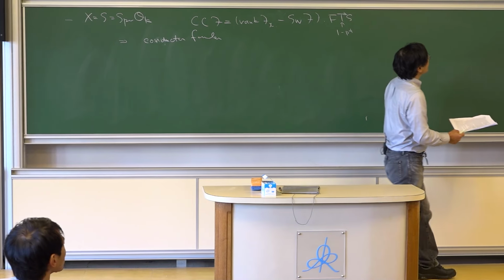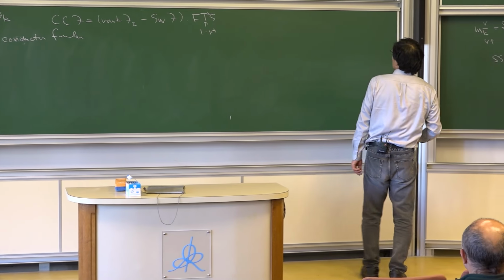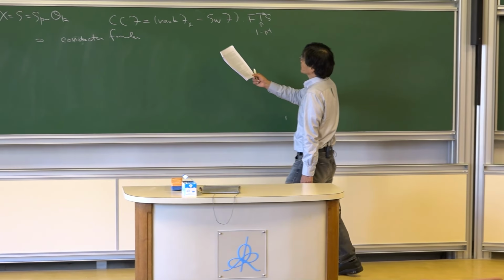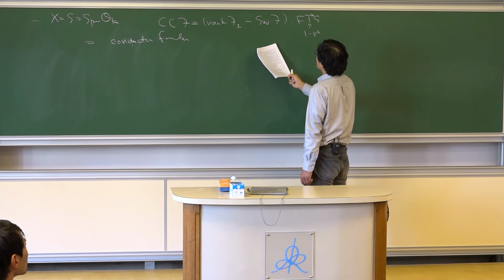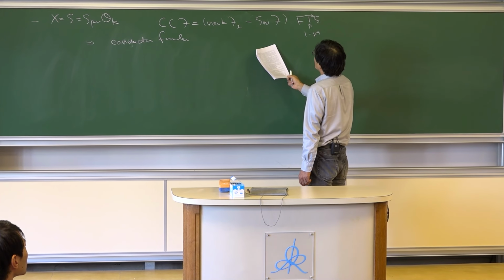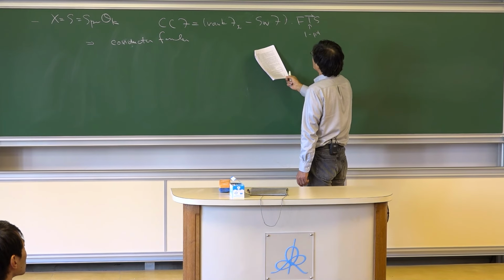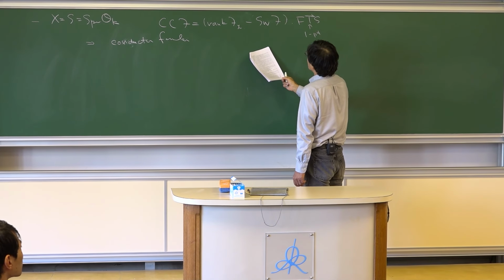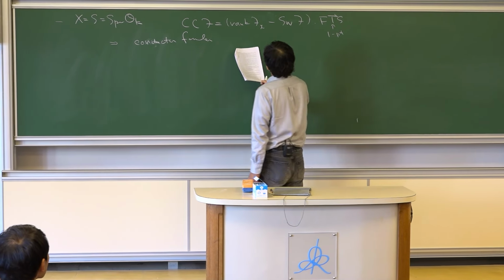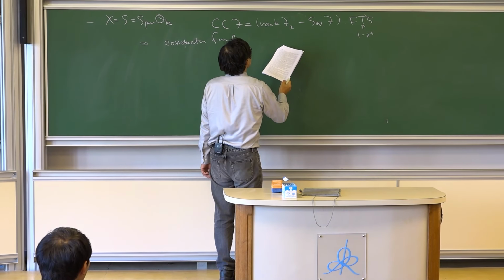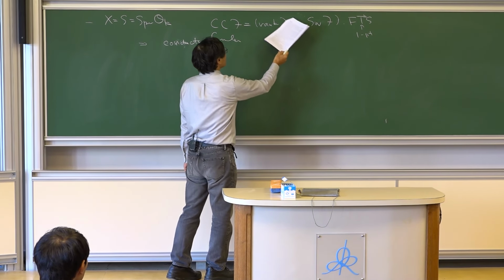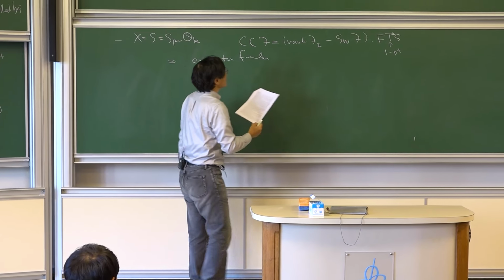So in this case, this is not 1 point, this is 1 line. F_t star S is a one-dimensional vector space. This is a closed point and this is a generic point.